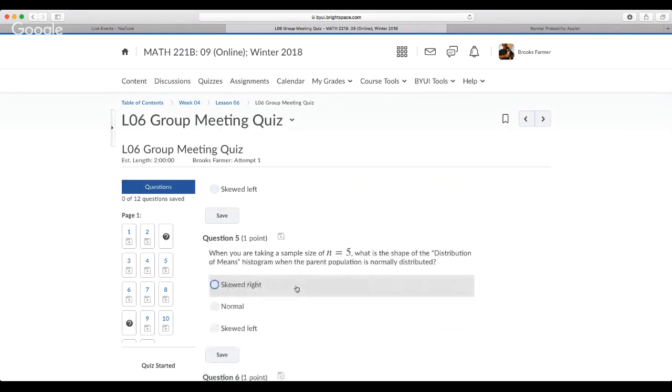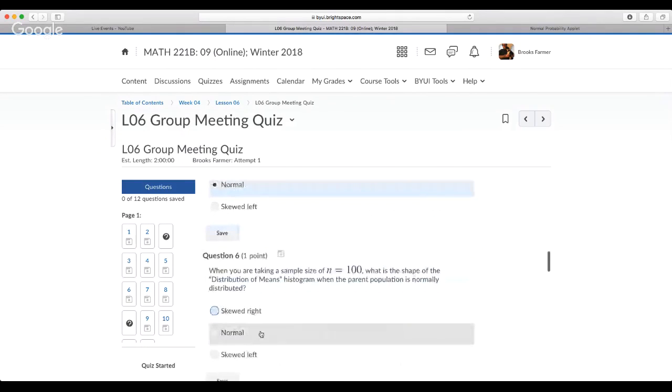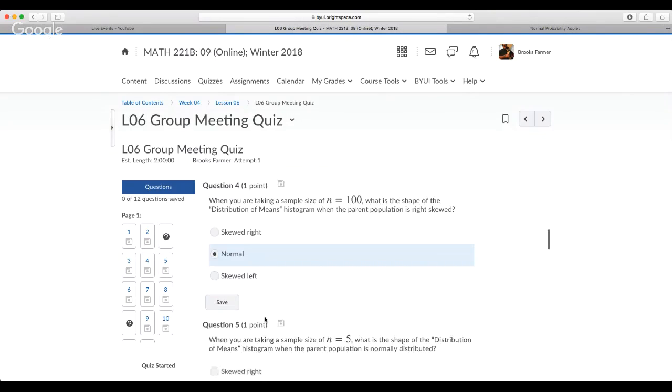So this one is just asking if 5 works when it's normal. That's correct. So we said 4 was normal. If you have a sample size of 5, then you need the parent distribution to be normal. For question 4, we said that was normal though, right? Yeah. Okay.